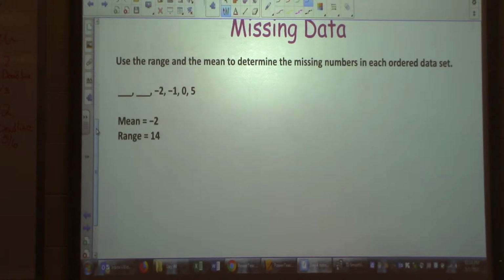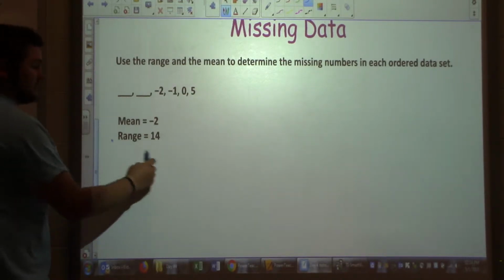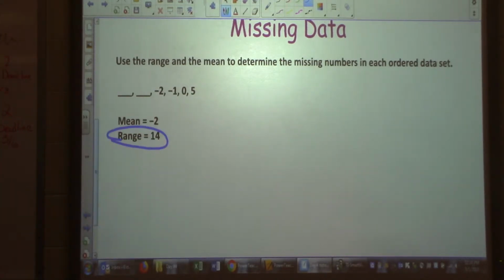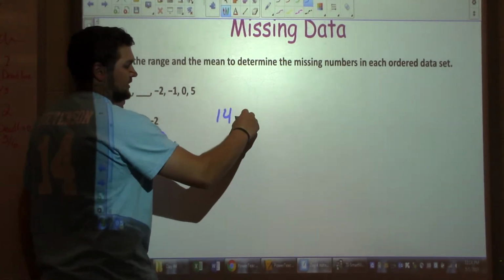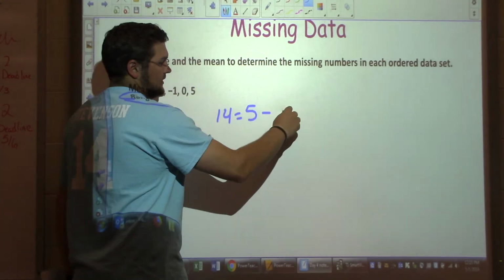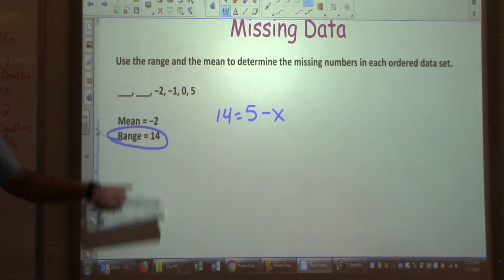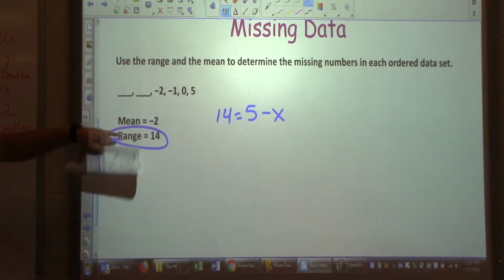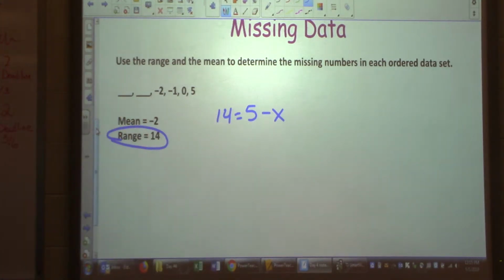You will always start out by using the range first. When you're doing a problem like this, you're missing 2 numbers, you're going to have to start by using your range. Right? So we can't have 2 different variables in there. So what's going to happen is our range is 14. That should equal our biggest number, which is 5, minus our smallest number, which we don't know. So 14 should equal 5 minus x.